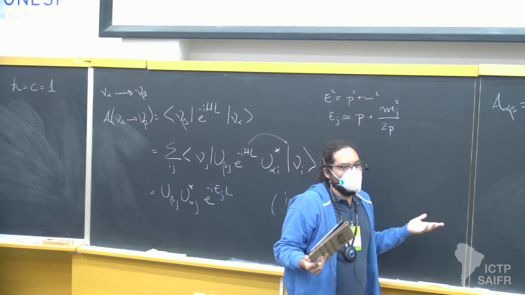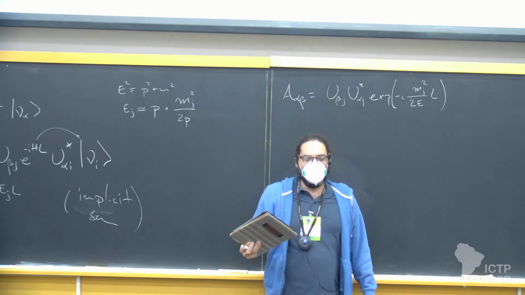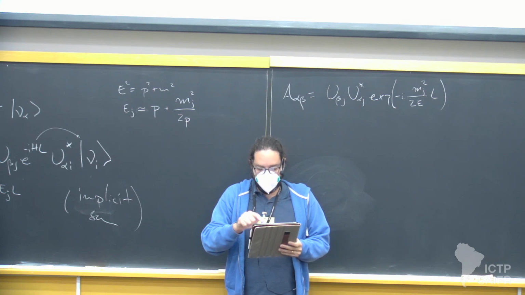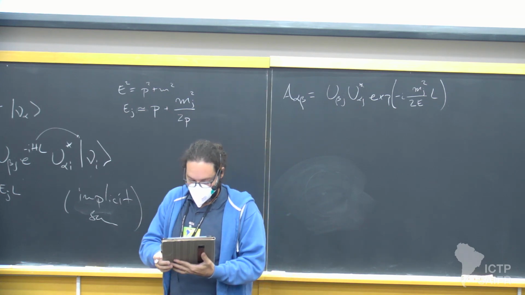And approximately P is equal to E. This is what people usually do for oscillation physics. It is a bit sketchy. It feels wrong because of energy momentum conservation, but it's approximately right, okay?